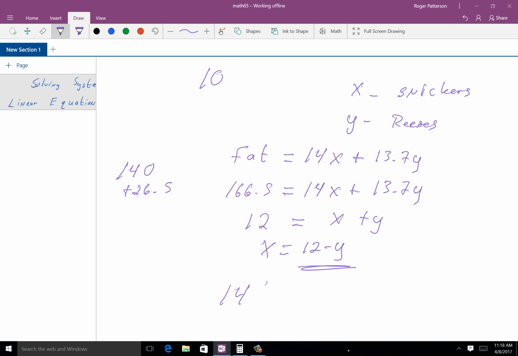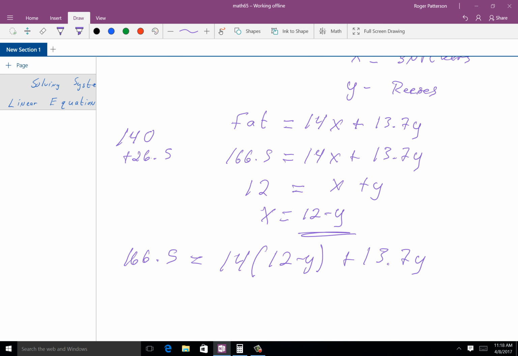So we're going to have 14 times (12 minus y), plus 13.7y is equal to 166.5. So I took that bottom equation, because people like substitution, that was our method of choice, and we substitute this into here, and that's what I got. So now I just got to work through it.